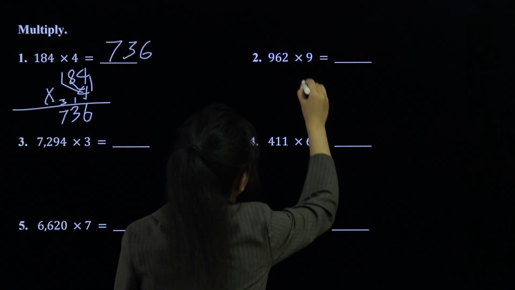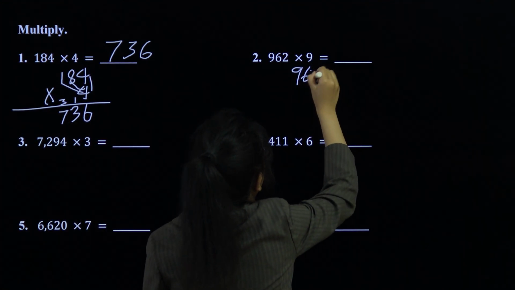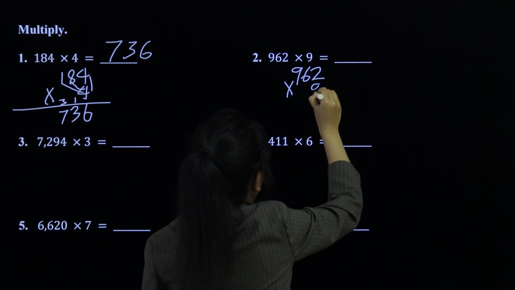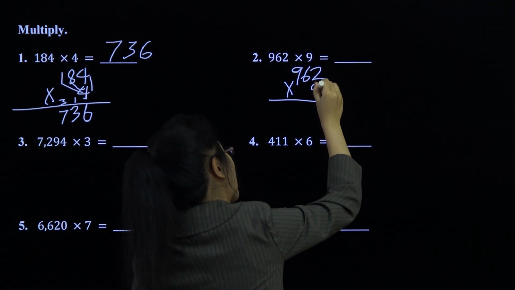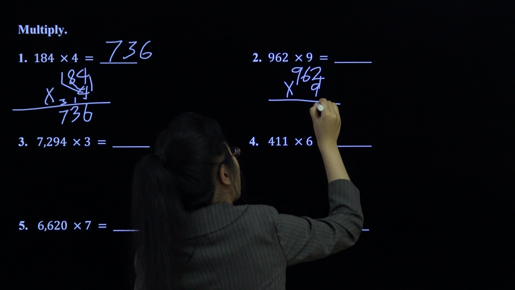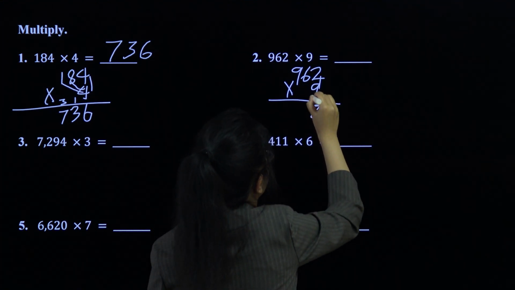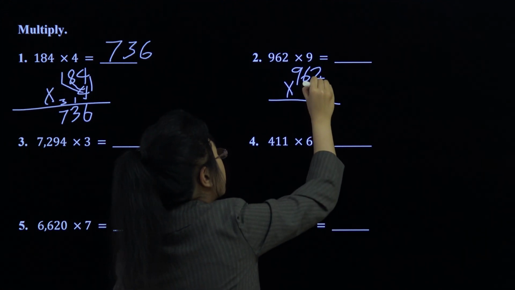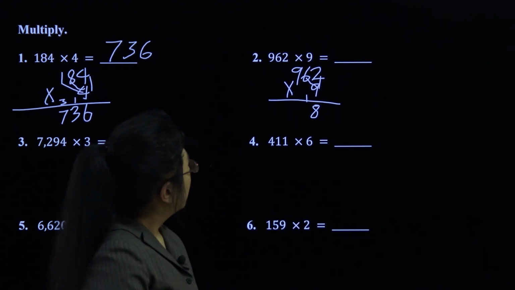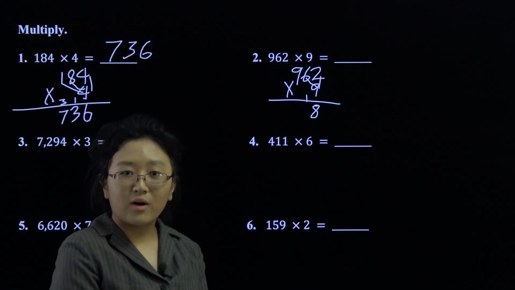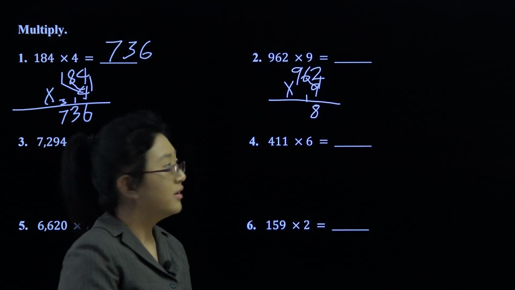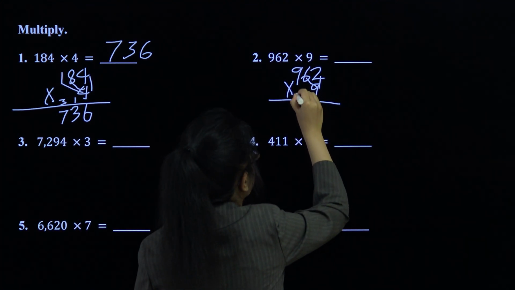Here we have 962 times 9. You attack the ones place first, and you get 2 times 9, or 9 times 2, 18. You regroup. You do the tens place next. 9 times 6, 54. 54 plus the regrouped 1, 55.